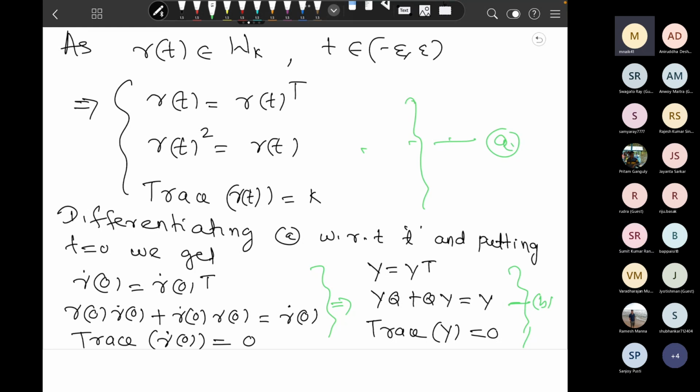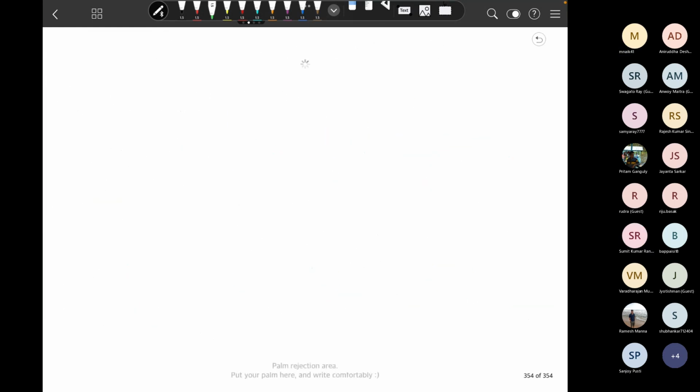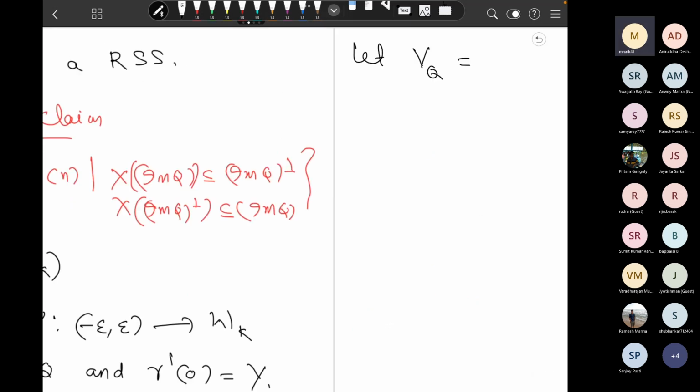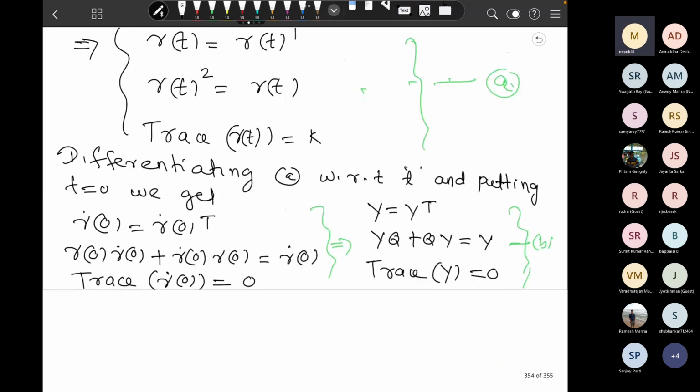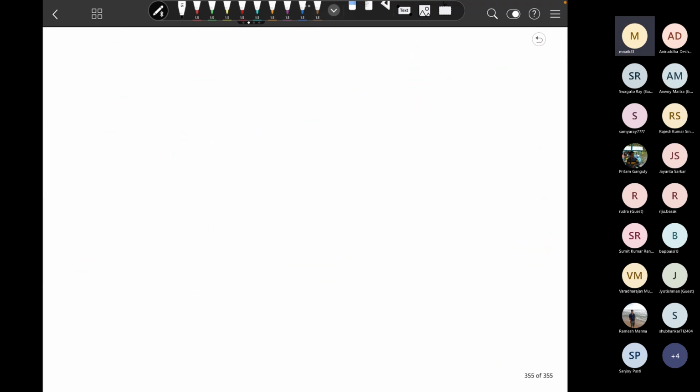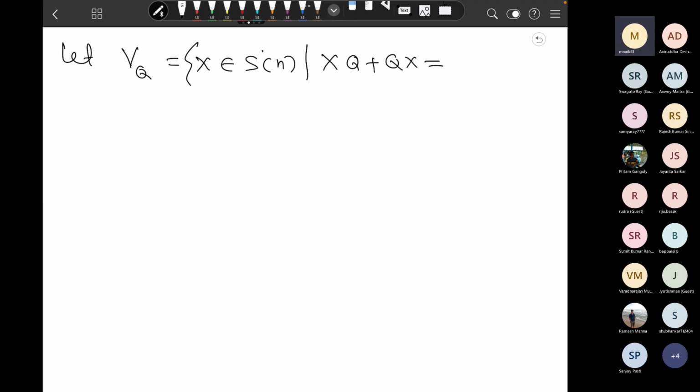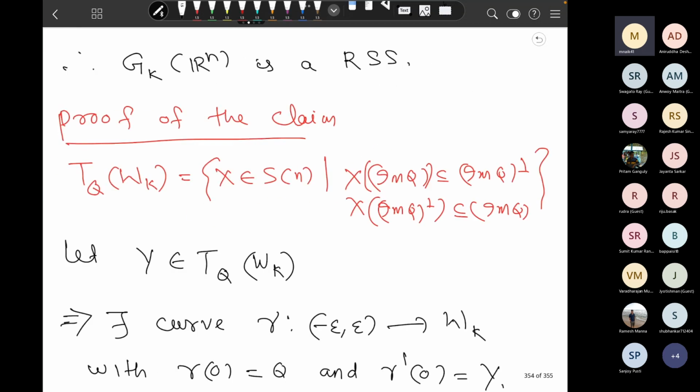So let B_Q be the set of X belonging to S_n such that XQ plus QX is equal to X and trace of X is equal to 0. So that means what we have proved?